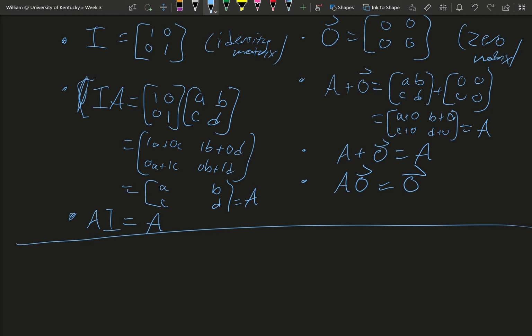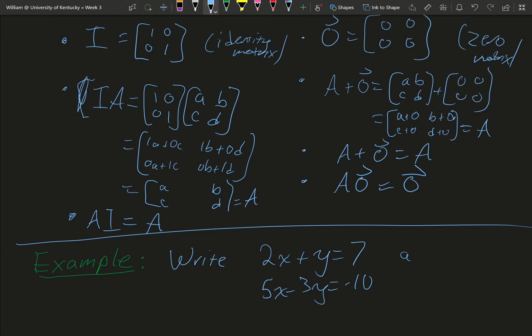So now here's going back to equations. We want to write the following system: 2x plus y equals 7, and 5x minus 3y equals negative 10, as a matrix equation.